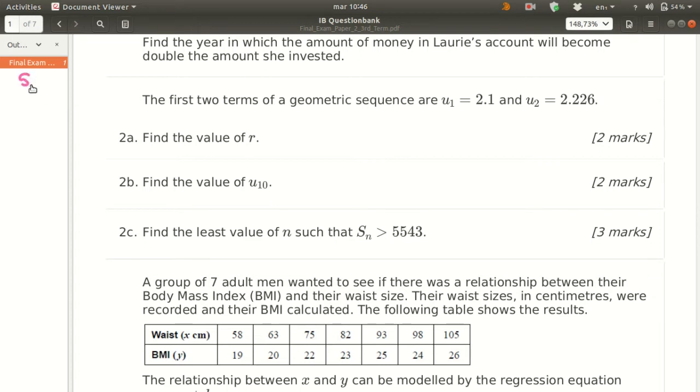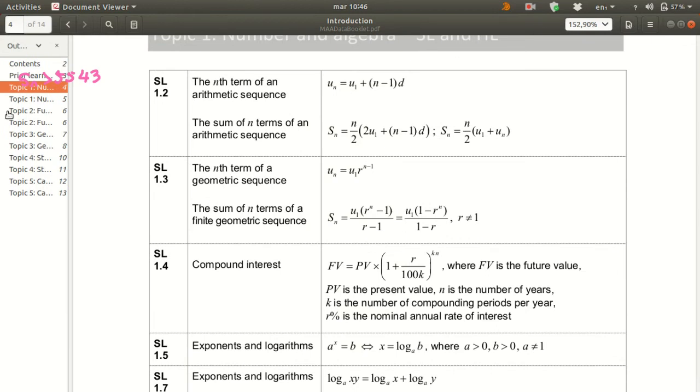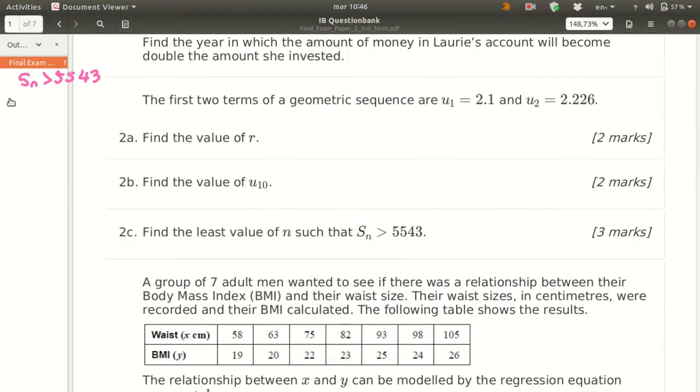So S sub n greater than 5,543. So let's replace our formula, which again is in your formula booklet. You don't need to memorize it, although it's not a bad idea to memorize it if you can. After you do so many problems, you automatically start memorizing stuff.